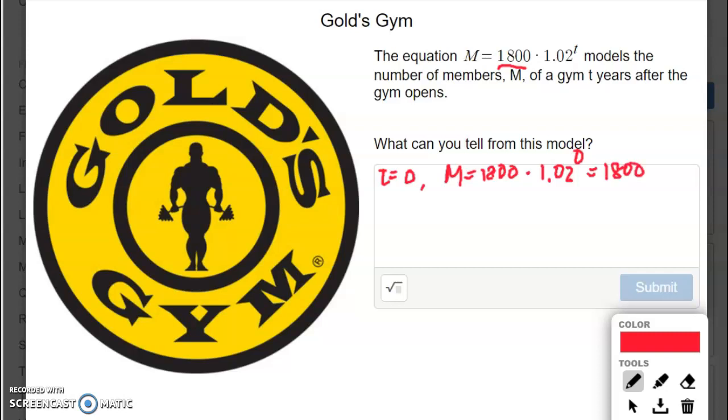Okay, or you could just get it from the equation that the number without the exponent is the initial value, what you're starting off with. And what else do we know? 1.02 represents the growth. Okay, what is the percentage increase? That's going to be a 2% increase.